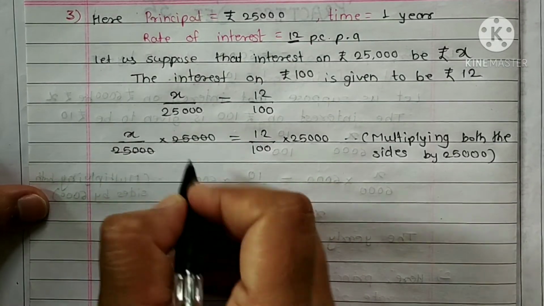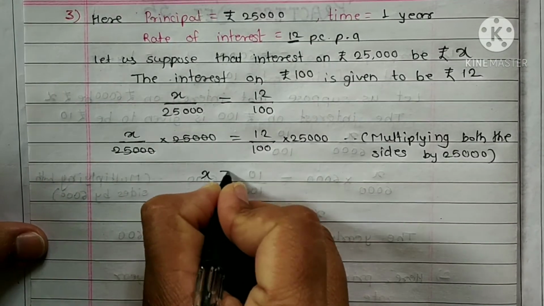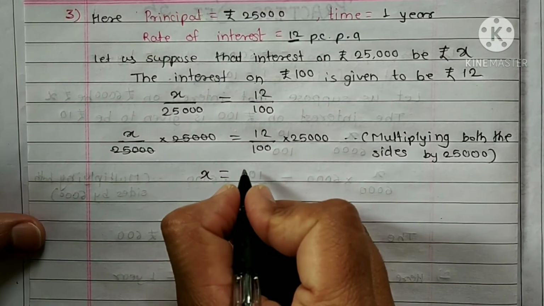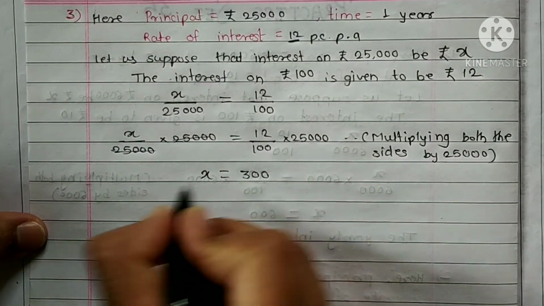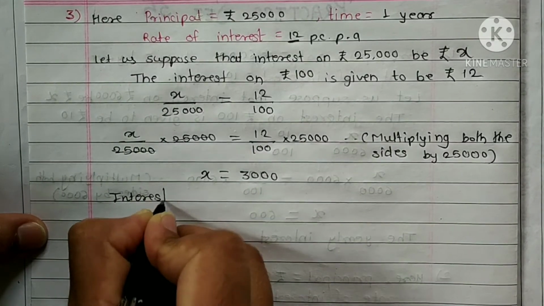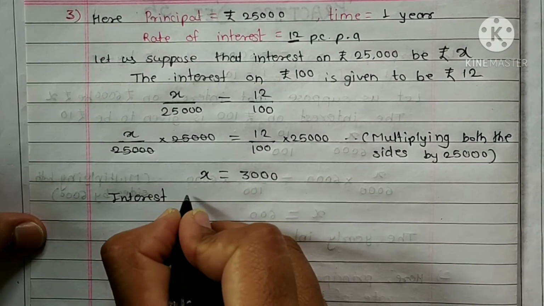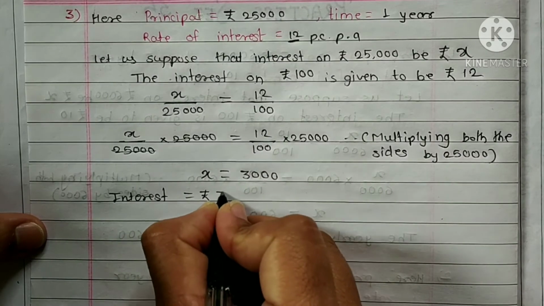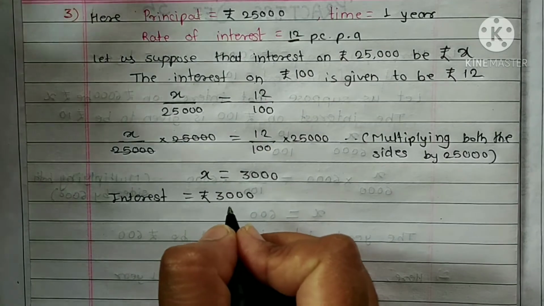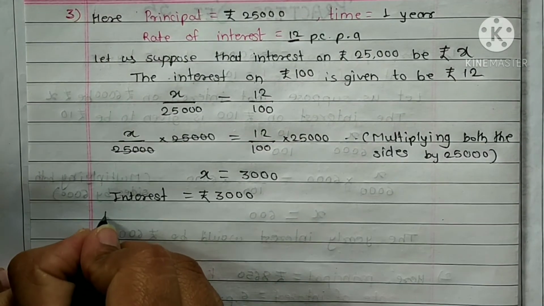Now 25,000 gets cancelled. Here remains only x, and after simplification on this side you get 3,000. That means x is interest, so interest equal to rupees 3,000. Here we have to calculate amount. So write down formula of amount.